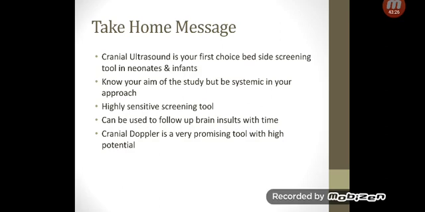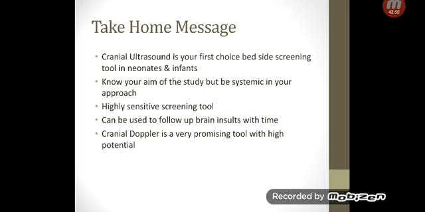I know it's a bit confusing. Try to go back and forth with this video being a bit slow, and the previous video as well. But your take-home message is that cranial ultrasound is your first choice bedside screening in neonates and even in infants. We've used it a lot in ICUs for other than neonatal age groups, but when the fontanelle was open. You need to know your aim of the study.